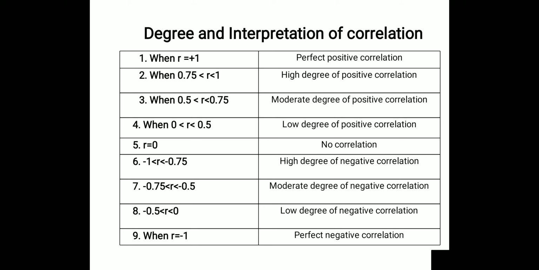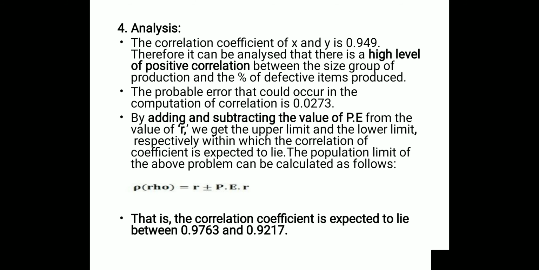Now let us look into the interpretation of correlation. As I said, as it is 0.9, it is almost equal to a positive correlation, but as we have not obtained +1, we can say that it is a high degree of positive correlation.